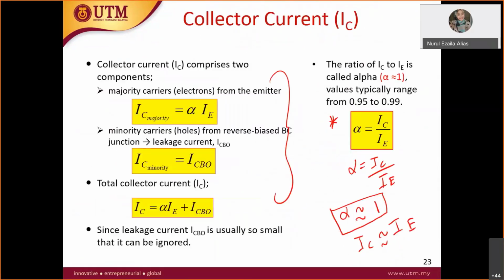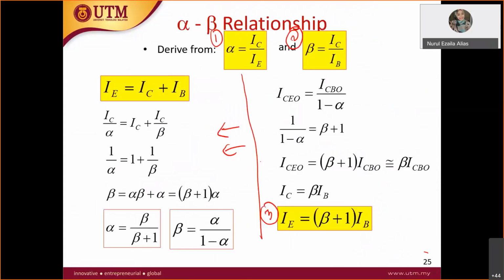I also introduced some important equations related to BJT. This one you have to understand. It has three terminals, therefore it has three types of current. You have the collector current represented as IC, the emitter current represented as IE, and the base current represented as IB.